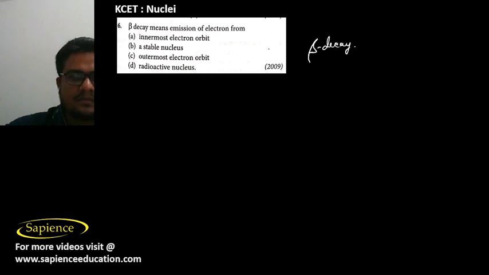So beta decay means emission of electron from a radioactive nucleus. So option D is the correct answer. In question number 7 it is told, the phenomenon in which proton flips is called nuclear magnetic resonance. Option A is the correct answer.